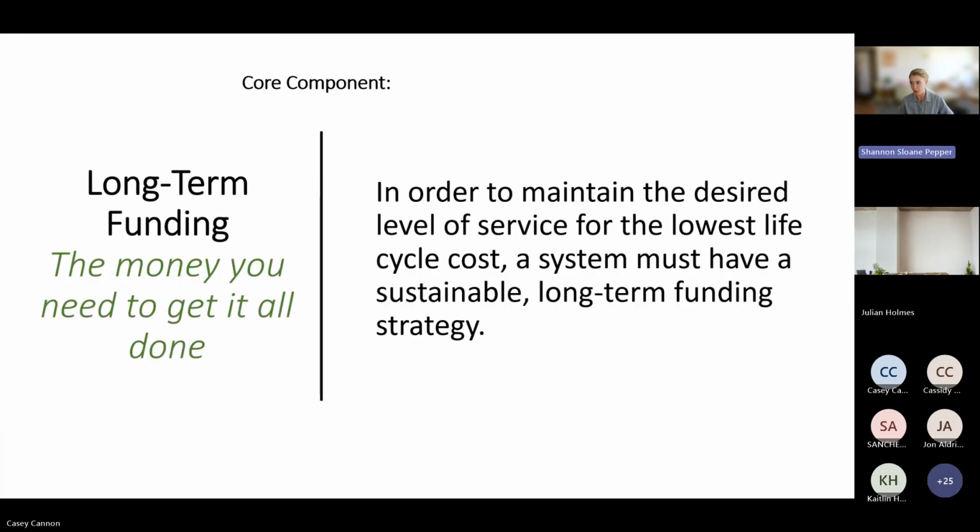So finally, we're going to look at long-term funding, touching on this really briefly. In order to maintain the desired level of service at the lowest life cycle cost, which is the point of asset management, a system has to have a sustainable long-term funding strategy.